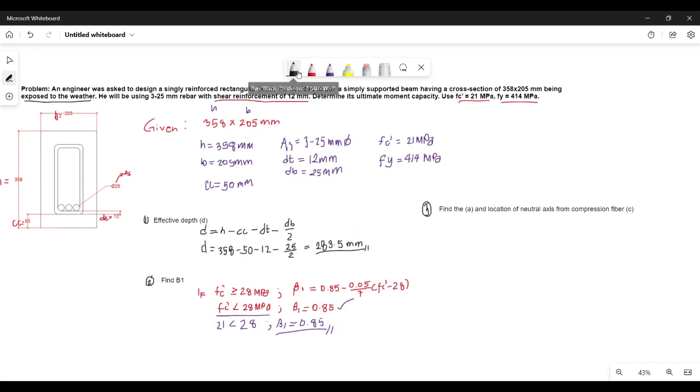So we have to assume fs is equal to fy. Kapag nag-tension, assume natin na mag-yield siya. Tension yields. So our formula here is T is equal to C. Tension is equal to compression.